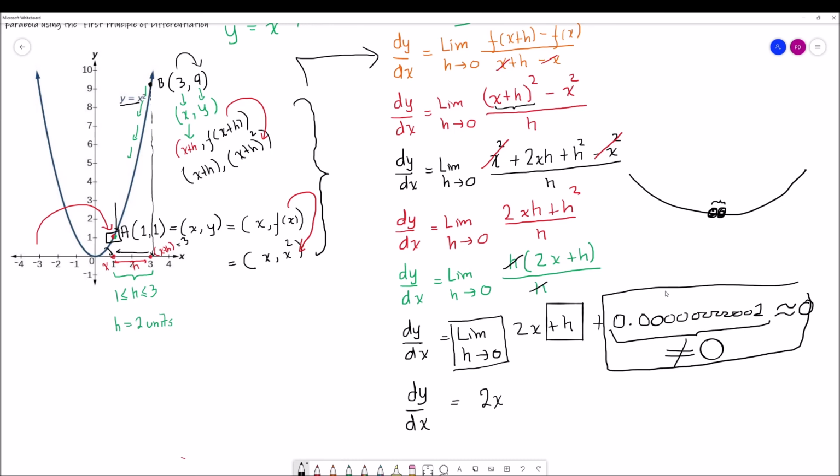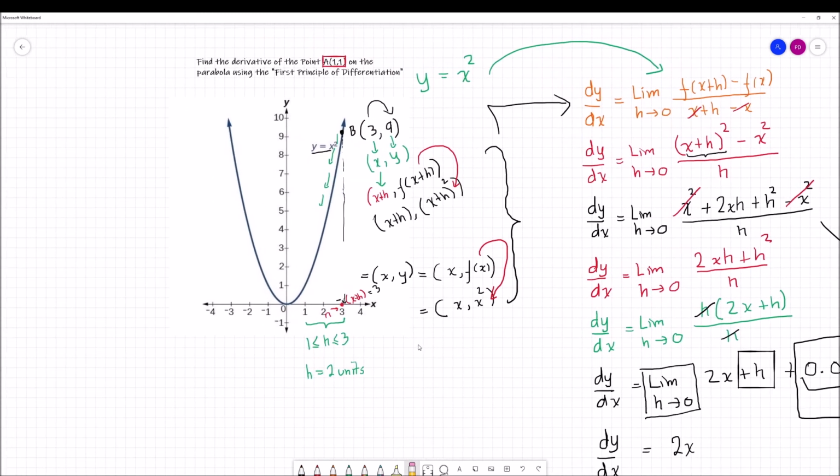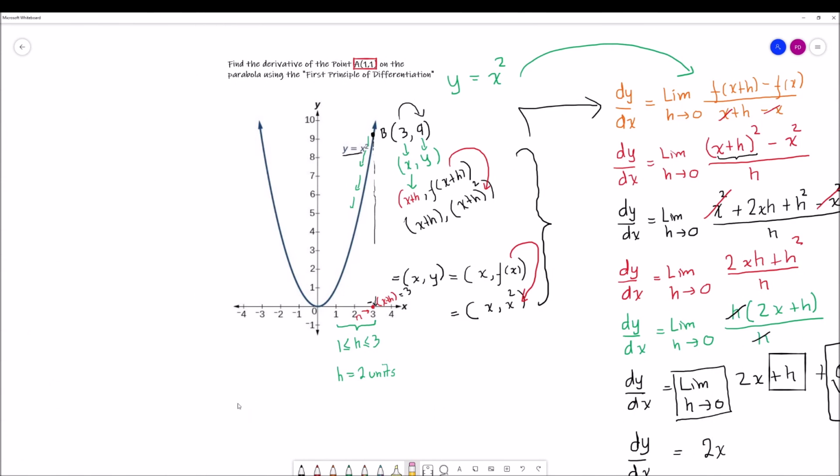So our answer is 2x, but what do we understand by the answer of 2x? So let's go back to our curve again, and this is our point A, where x is 1 and y is 1, and the slope of this point, which is m, is equal to 2.